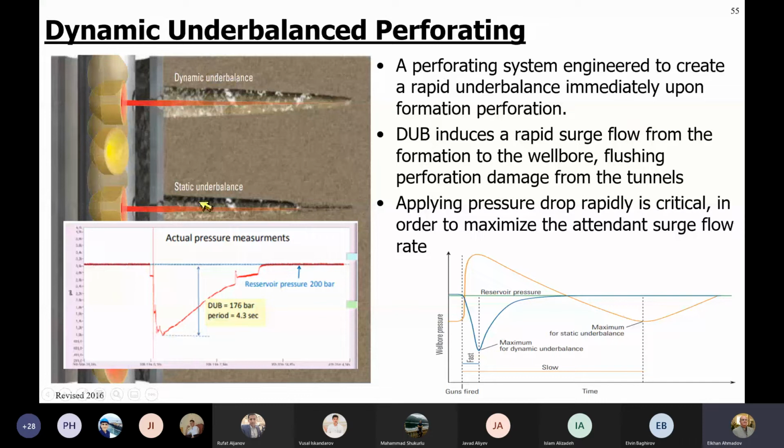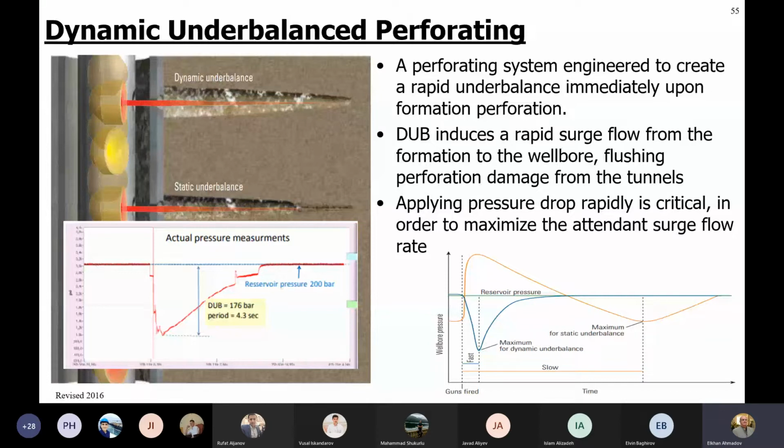Okay, but when we do dynamic underbalance perforation, this is achieved, for example, with capsules with gas in there. As we shoot the well, at the very same time, those capsules or chambers explode, and a lot of gas enters the wellbore, and that creates very high underbalance.